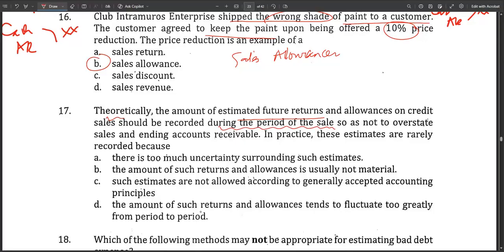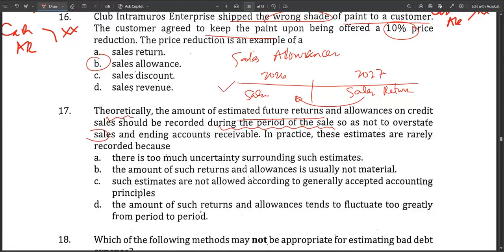So in this case, we will have an issue if the sale is in 2026 and the allowance or return happened in 2027. Therefore, there is an issue with mismatching, because the sales return should be reported in 2026. So that's the theory.